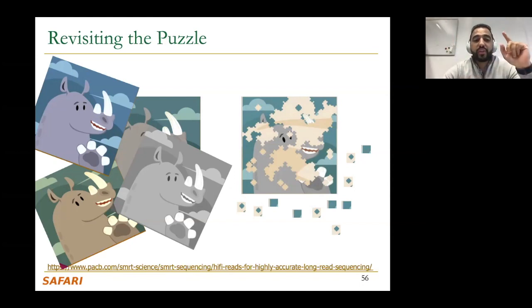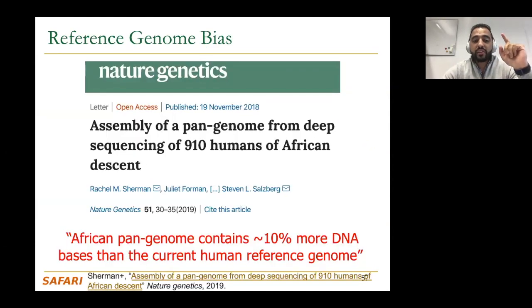So that's a very good way of thinking, and it has already been raised as a concern in many very good venues and publications. For example, a very good paper studied the pan-genome, or the genomes of African people, and they found that African people have 10% more DNA compared to the current human reference genome we have.